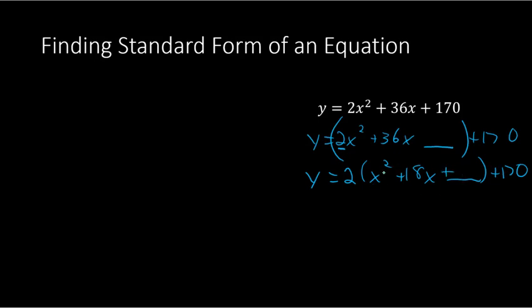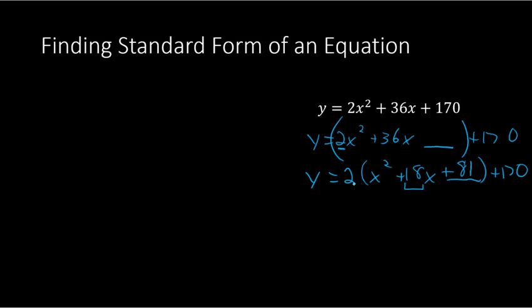And then we can add something here to make this parentheses into a perfect square trinomial. That number we want to add is determined by taking this number, taking half of that and then squaring it. Half of 18 is 9. 9 squared is 81. So we're going to add 81 here. Now we can't just add 81 without doing something to the equation to keep it balanced.